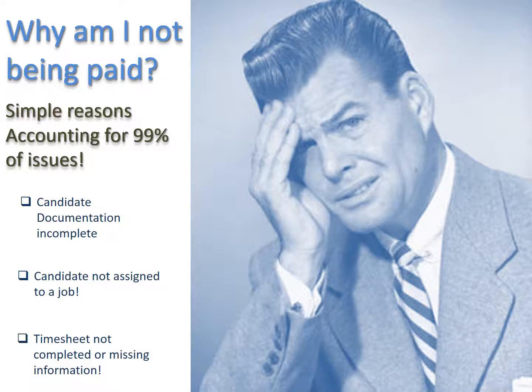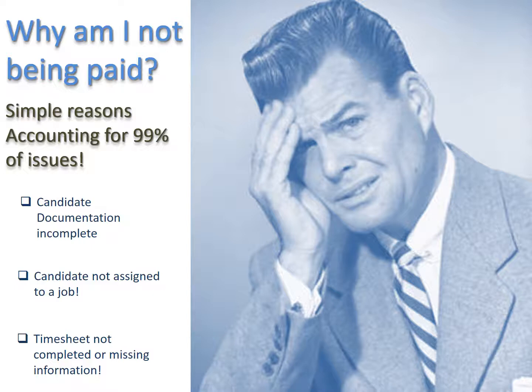So just a couple of things here now on the issues and cures that we tend to find. And obviously it's about, why am I not getting paid? Well, first and foremost, three main reasons. The candidate documentation may not be complete. And again, this evolves really where other documentation is required, because typically for industrial or private users it is just the bare minimum that is required.